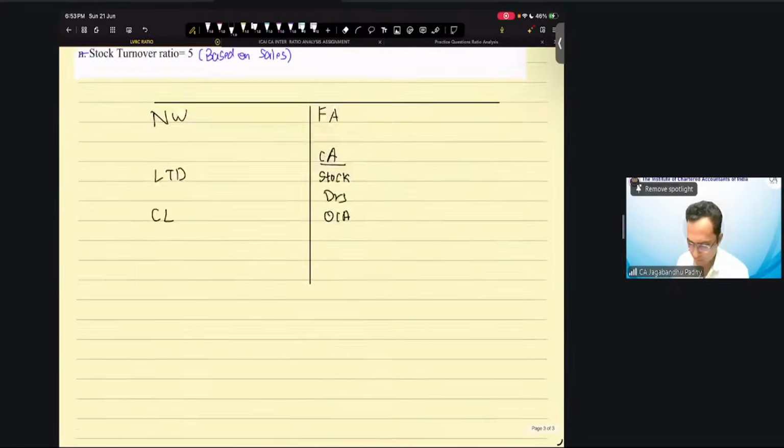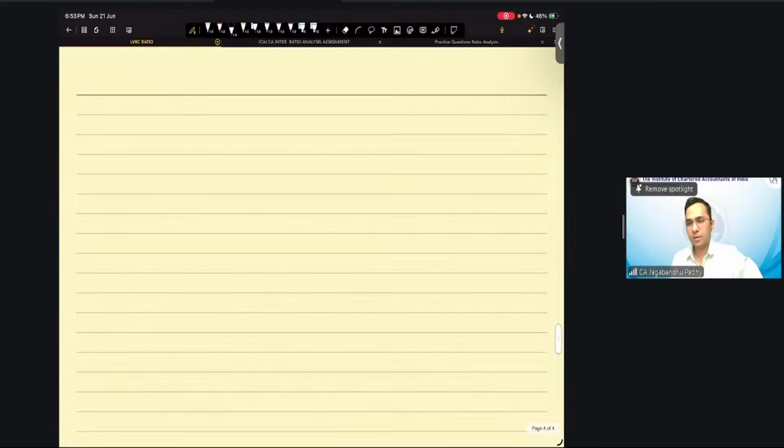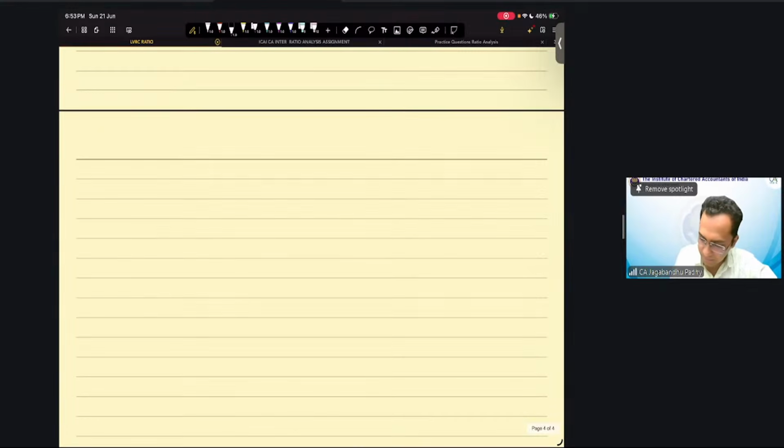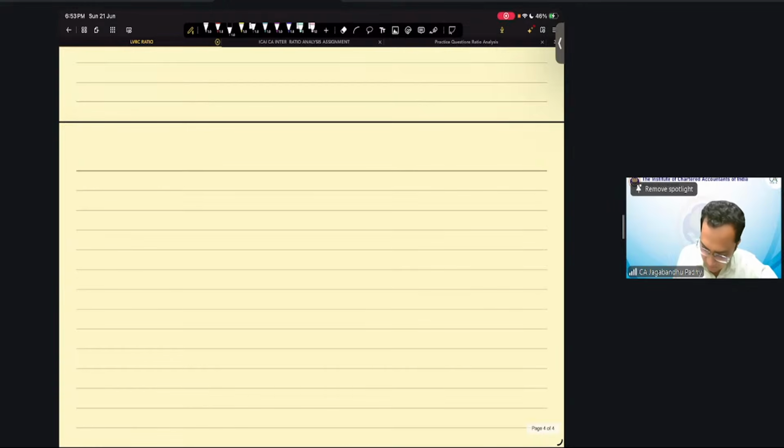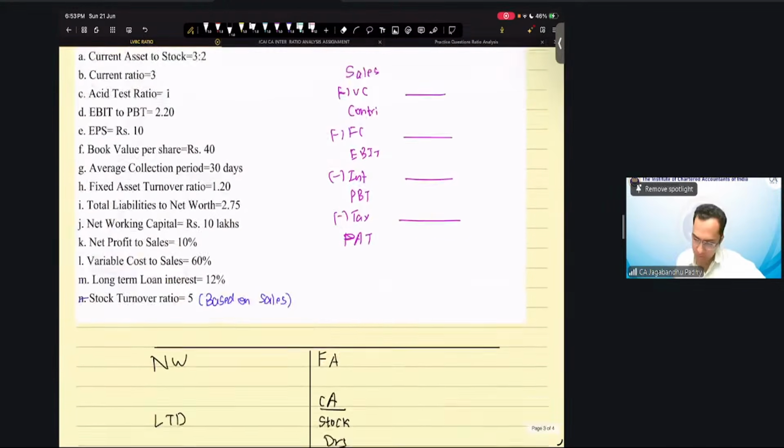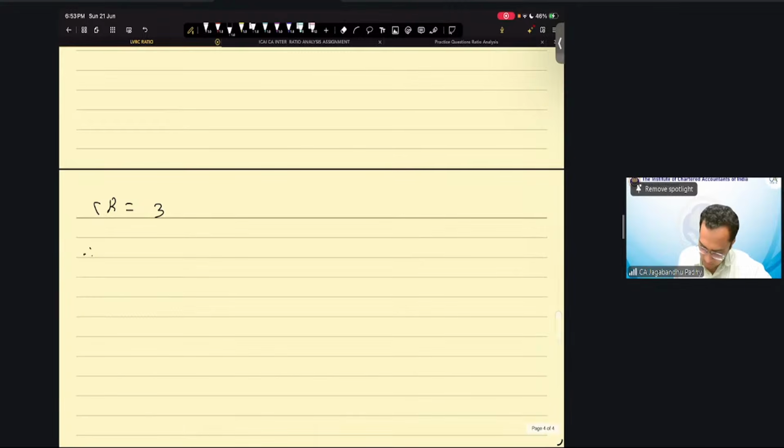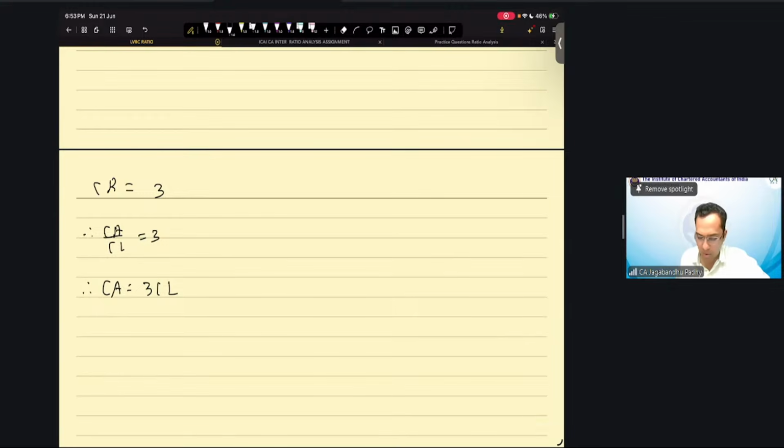So current ratio is 3. We can definitely apply the current ratio formula. Current assets upon current liabilities is 3. We simply say that current asset is 3 times of current liabilities.